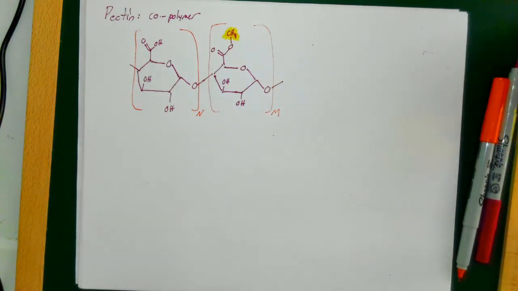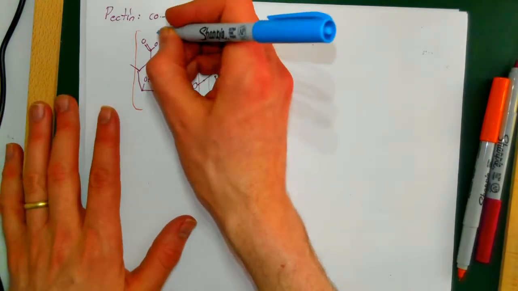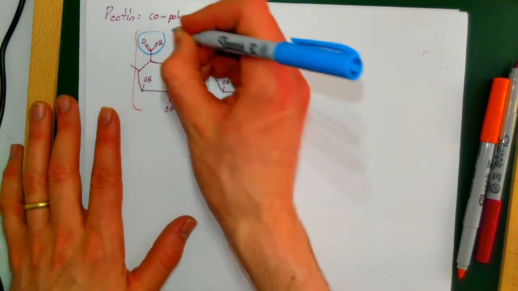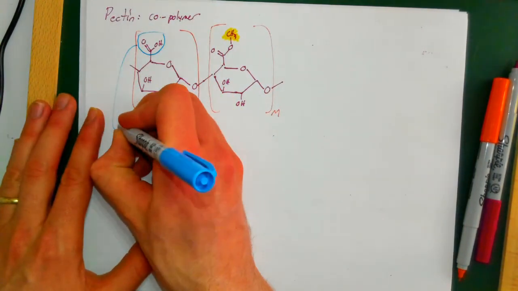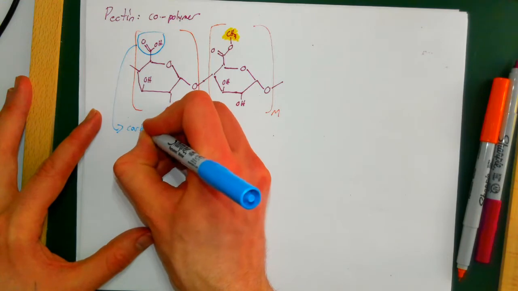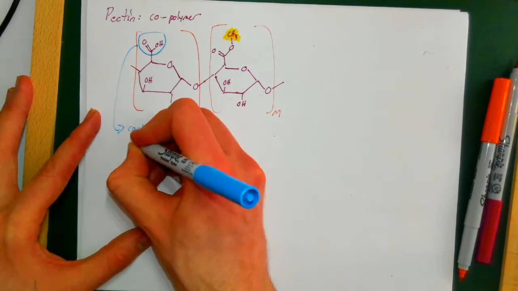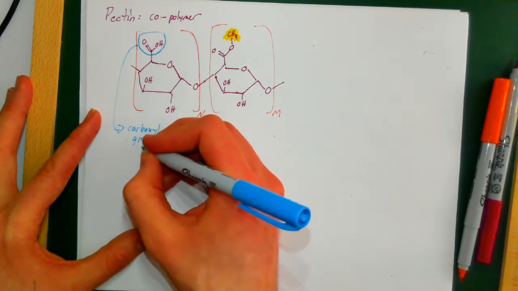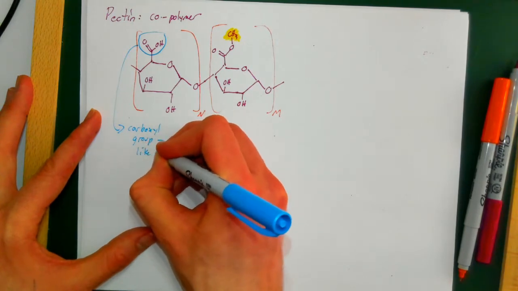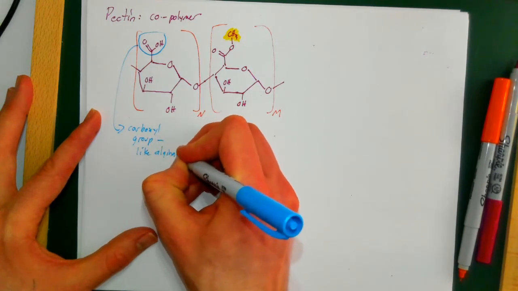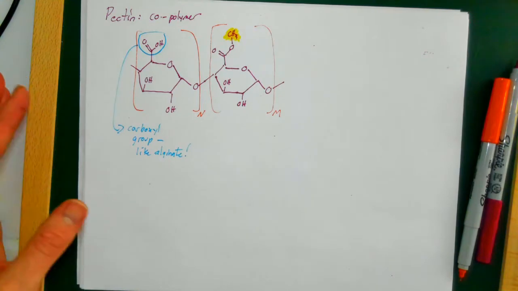So, what are some key features to look at? This should look pretty familiar. This is a carboxyl group, just like alginate.